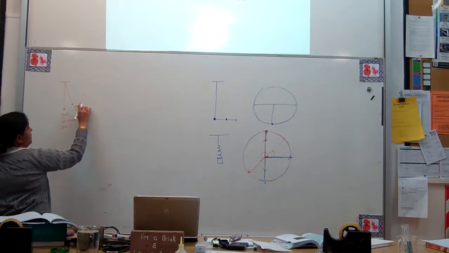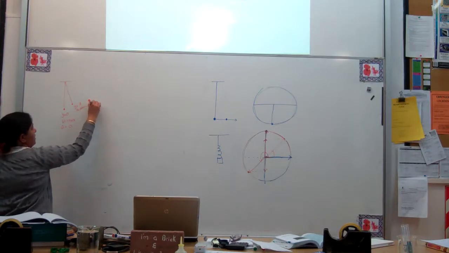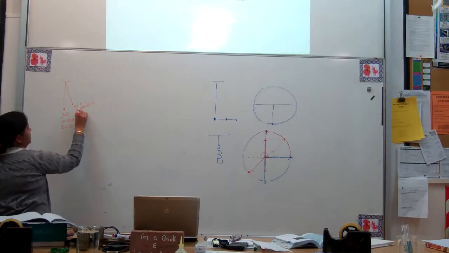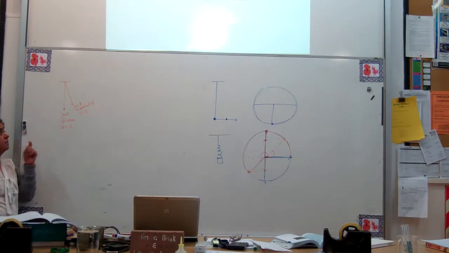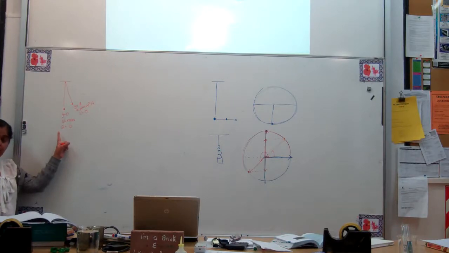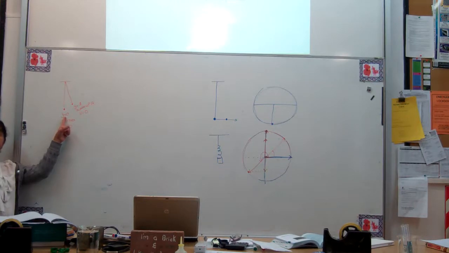Or acceleration is going to be minus omega squared A, which is directly related. Velocity is 0. So what is happening? At equilibrium, velocity is maximum, displacement is 0.